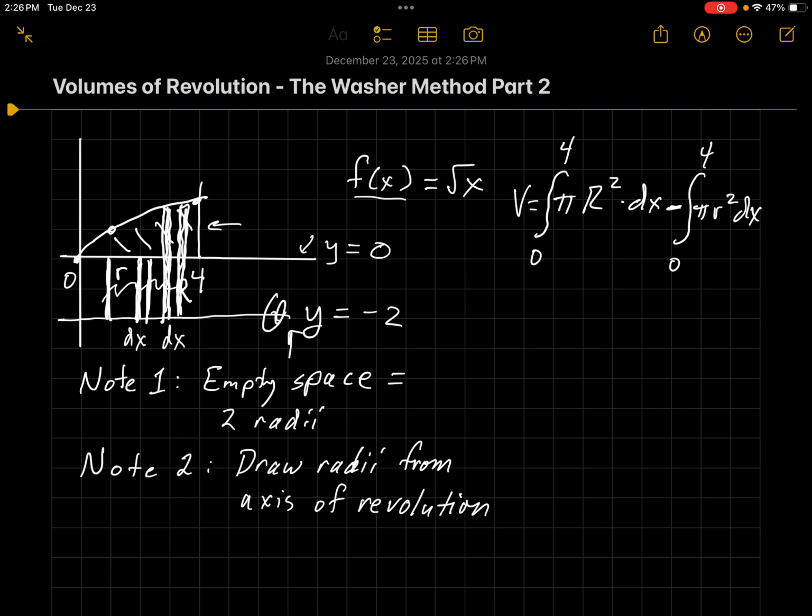The only thing missing here are the lengths of the radii. And recall that the length of anything is always big minus small. So if I want to find the length of a big radius, I could do the big y value minus the little y value as such.